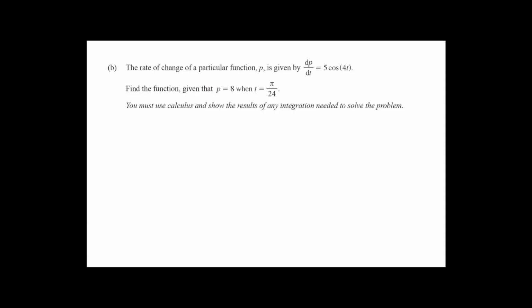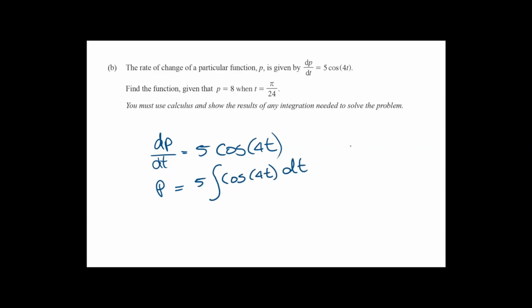They want us to solve the equation in its final form. So we've got dP/dt equals 5 cosine of 4t, therefore P is going to be the integral of that. I'll use substitution, not double angles or anything like that.